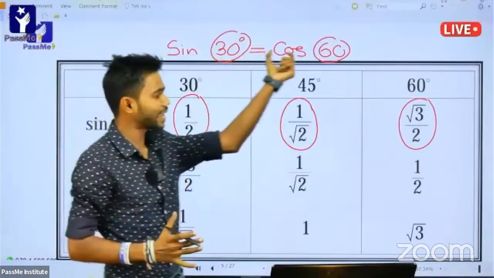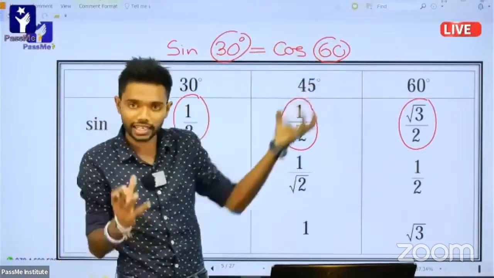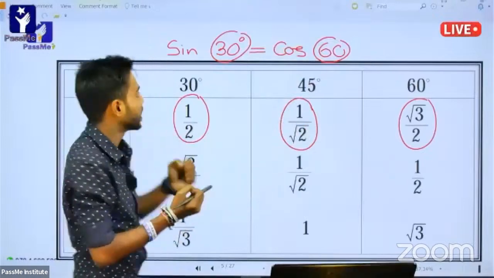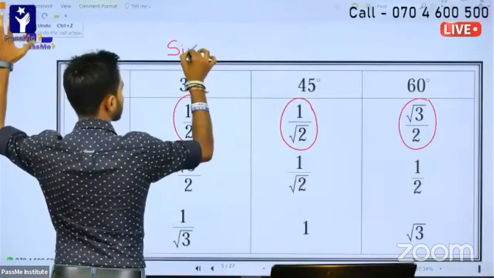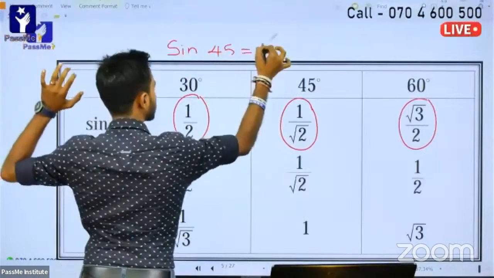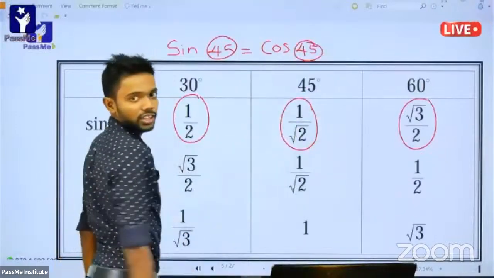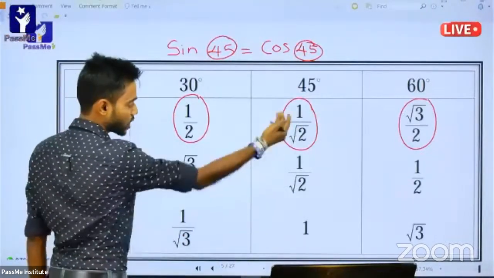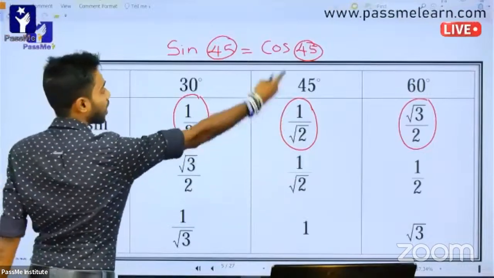For example, if I take this one as sine 45, what should be here? Cos 45. If you add these two together, that's 90 degrees. That's why cos 45 and sine 45 are the same.